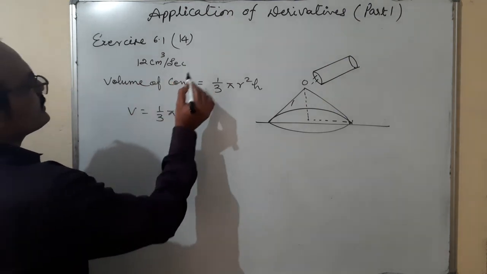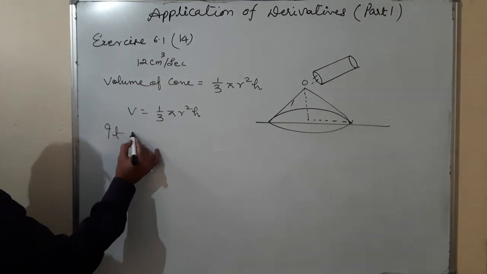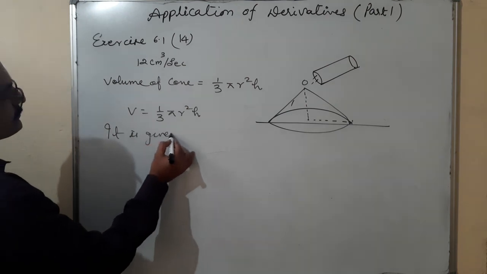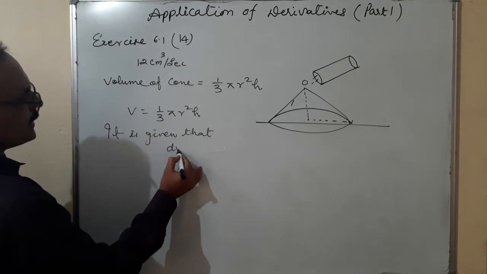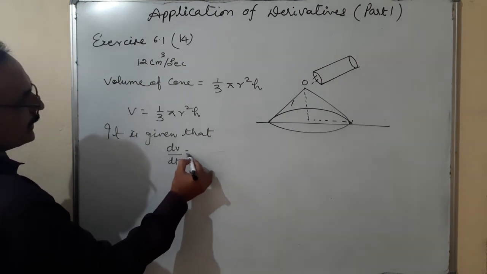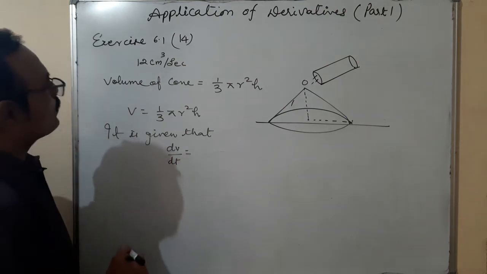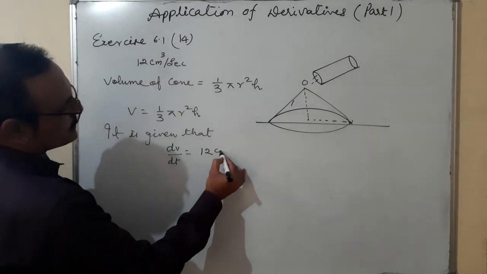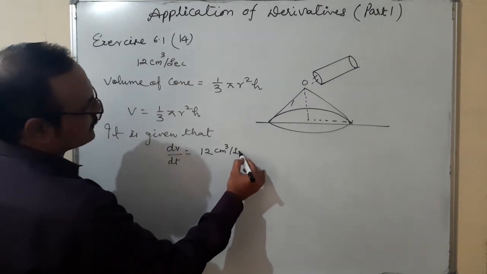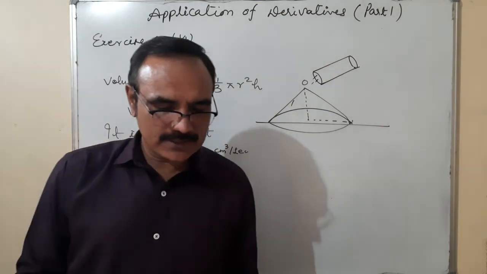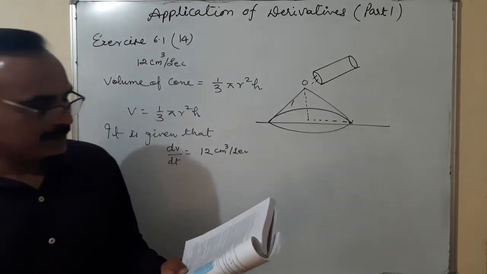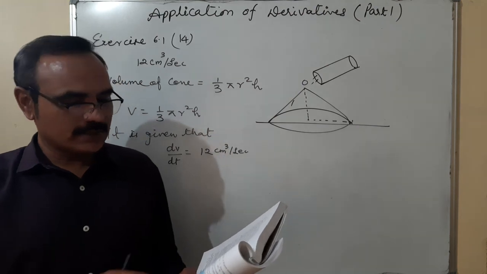And what is given? It is given that dV by dt, rate of change of volume, is equal to 12 centimeter cube per second. One thing is given. And second, very important thing, this is the relation between the radius and height.